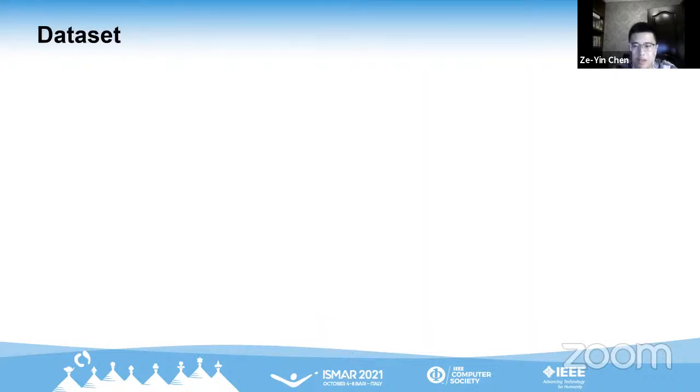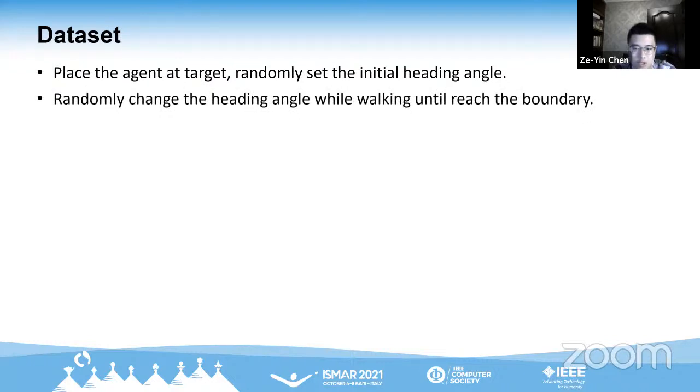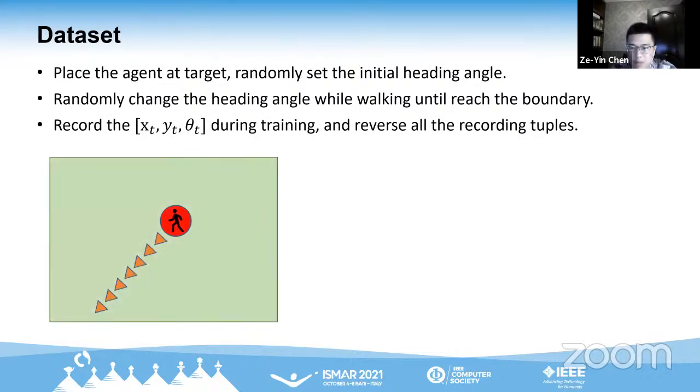To train our network, we need a large number of random walking paths starting from the virtual scene boundary to the target as the training data. First, we place the agent at the location of the target object, and we randomly initialize its direction. The agent walks in the scene according to certain rules. At each timestamp, we record the horizontal and vertical coordinates and the heading direction.